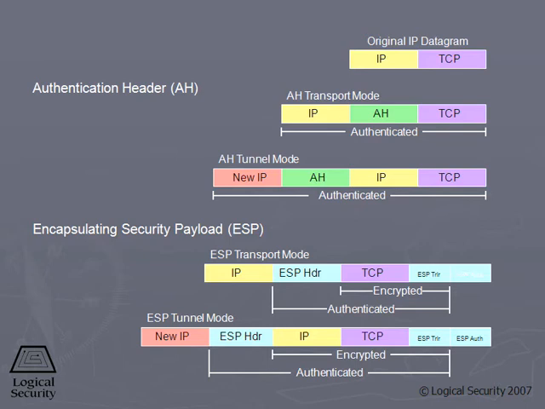If AH is working in transport mode, it's going to basically do something like a MAC. It'll create an ICV, integrity check value, over the data payload. And if it's in tunnel mode, it will create the ICV integrity check over the headers.